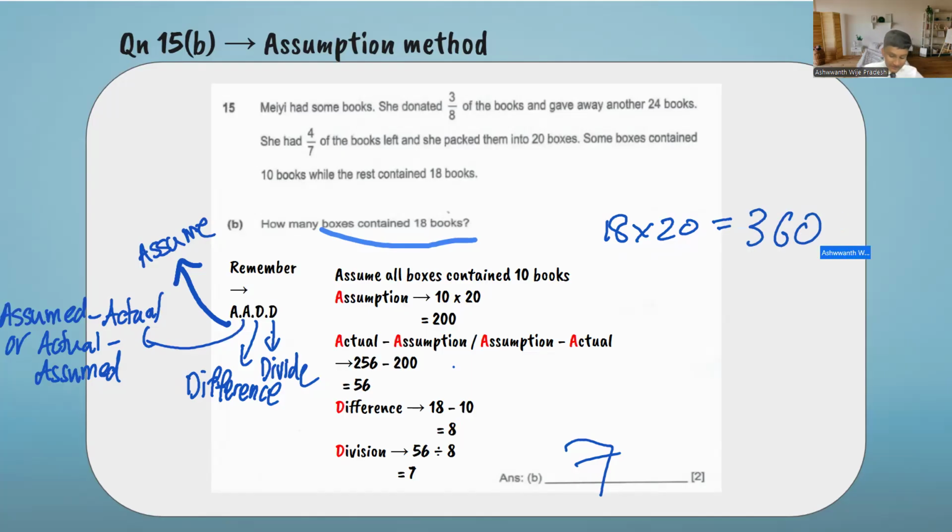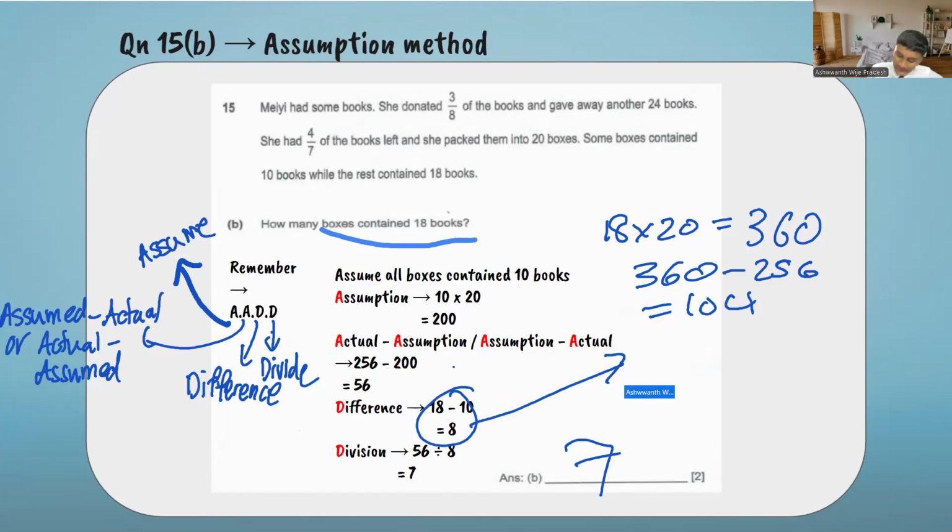Then 360 is greater, so minus 256, you will get 104. Then the difference will still remain as 8, and then this will be 104 divided by 8, which is 13.